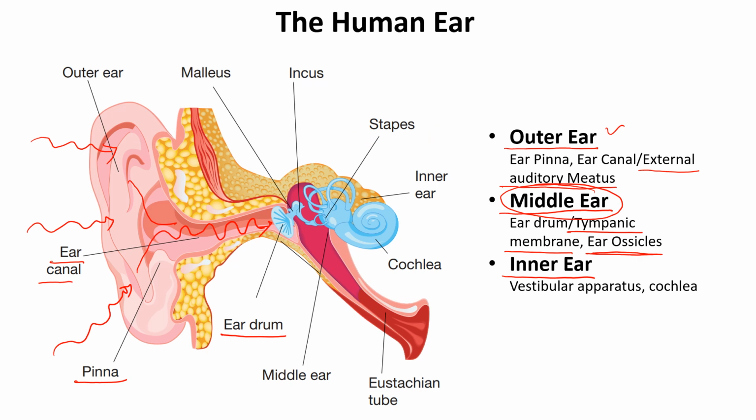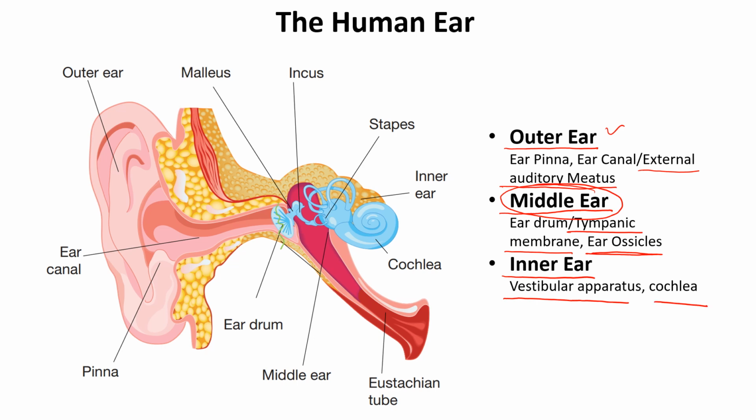Now, it is the job of the middle ear to amplify the sound waves that are coming from outside. So the sound waves, after arising from outside, hit the eardrum over here, and then they are amplified up to 10 times by these ear ossicles and transmitted to the inner ear. The inner ear constitutes of the vestibular apparatus and the cochlea.